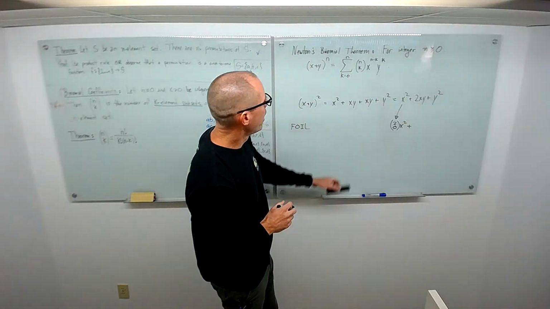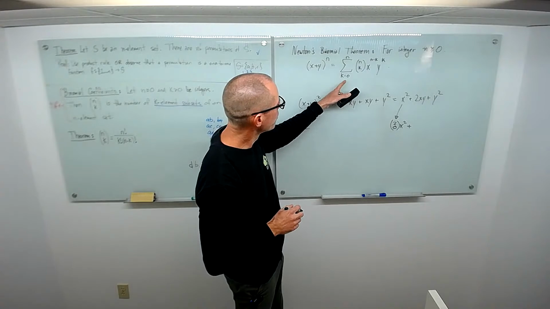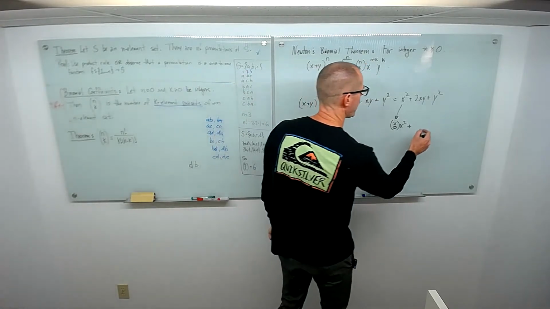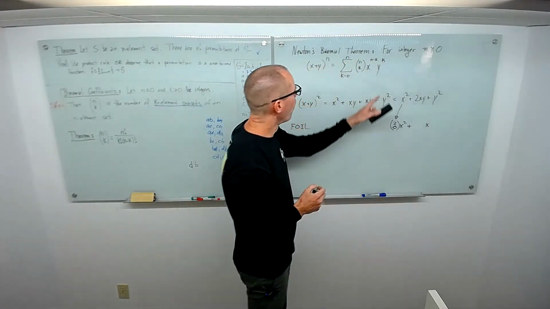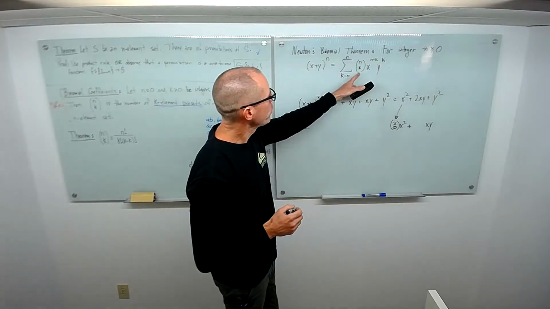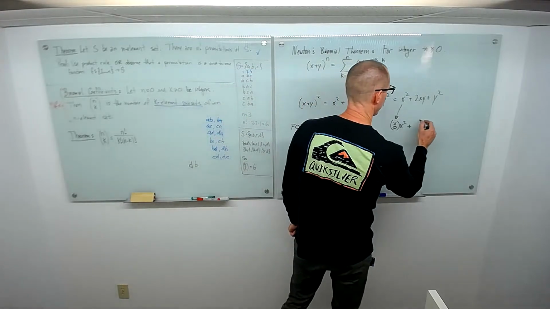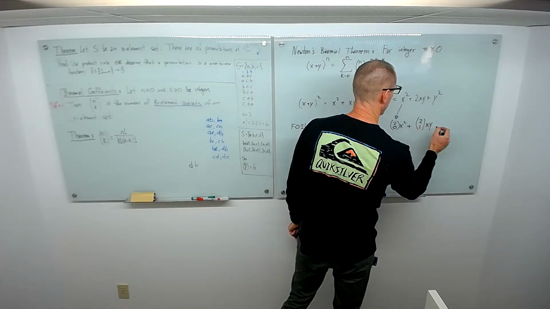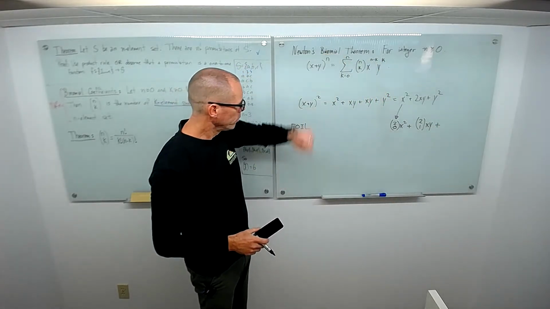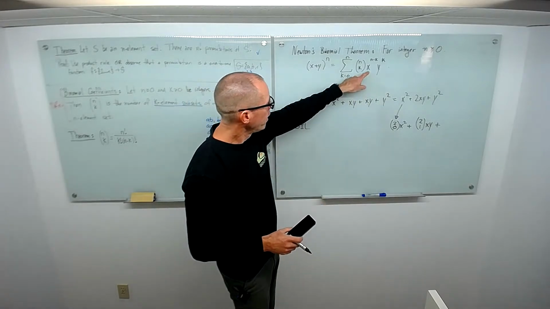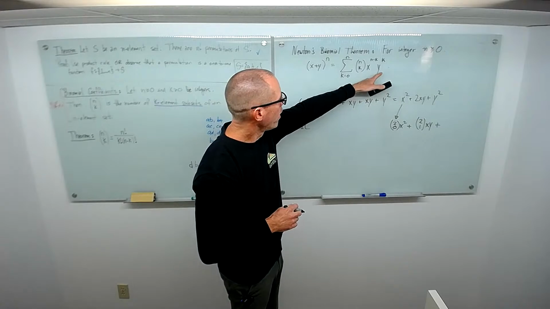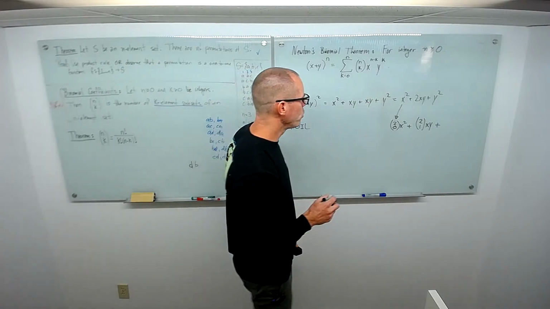Here, so we take k equals 1. We get x to the 2 minus 1 is x. y to the 1 is y. And the coefficient should be 2 choose 1. And then finally, when k equals 2, we get x to the 2 minus 2, that's x to the 0. We get y to the 2.